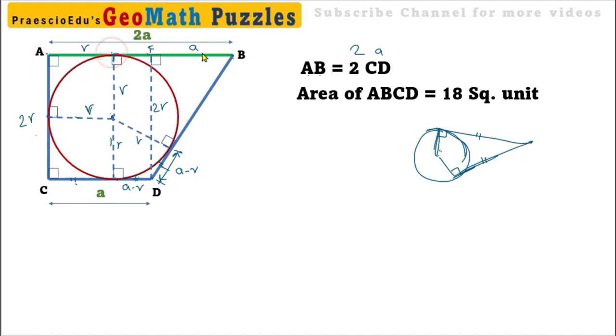So we know this is 2a minus R, and this one is also 2a minus R.